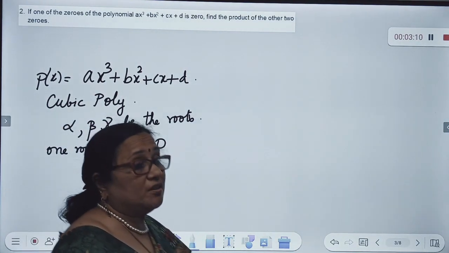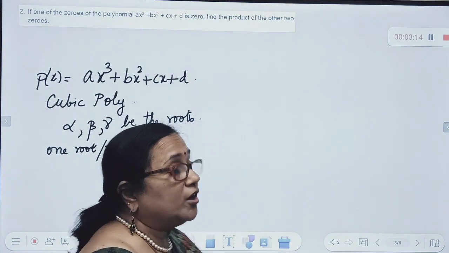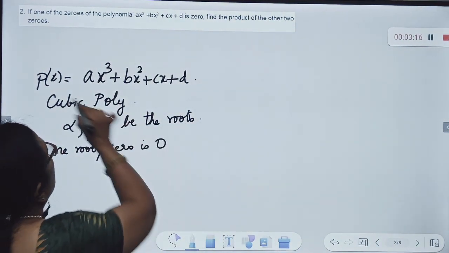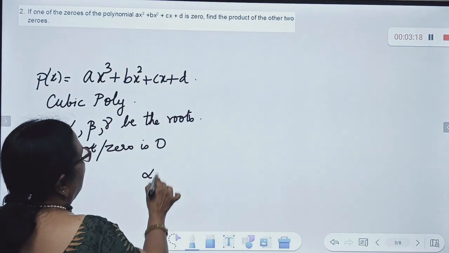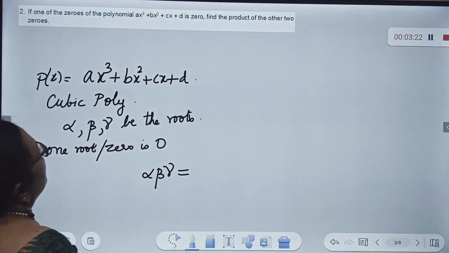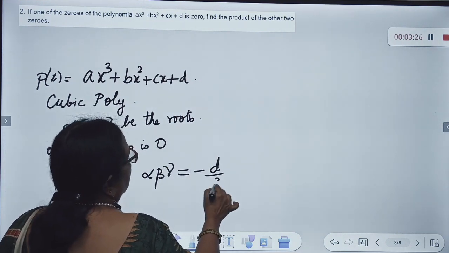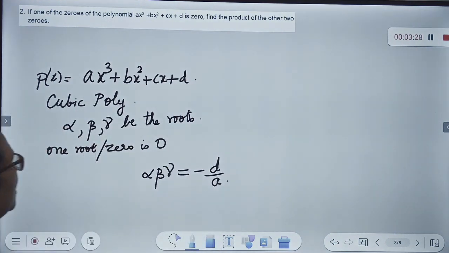So which connection between the coefficients and zeros should you use? The product of the roots, alpha, beta, gamma, will be equal to minus d by a. It's a cubic polynomial, so alpha, beta, gamma equal to minus d by a.